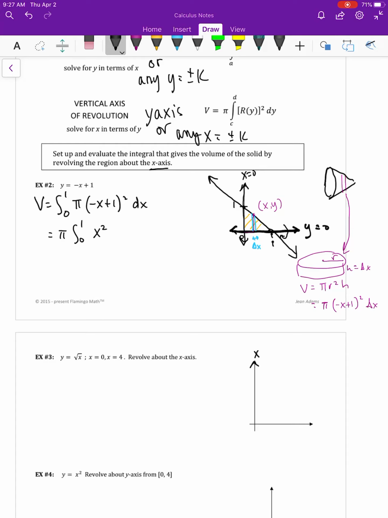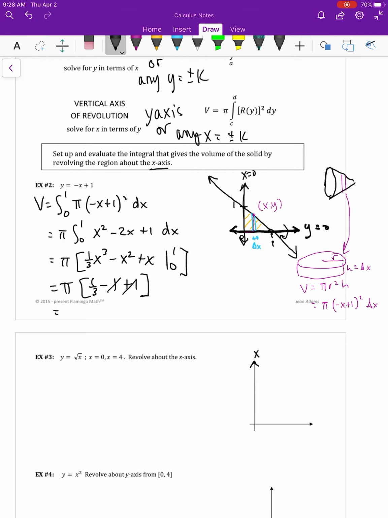We're going to square this, and now we're going to integrate. We're putting a 1 in, and then when we put a 0 in, that turns to 0. The positive 1 and the negative 1 go away. We end up with pi over 3 units cubed.